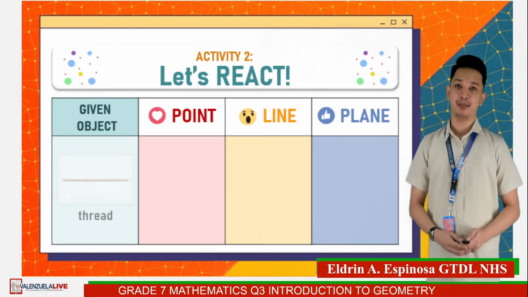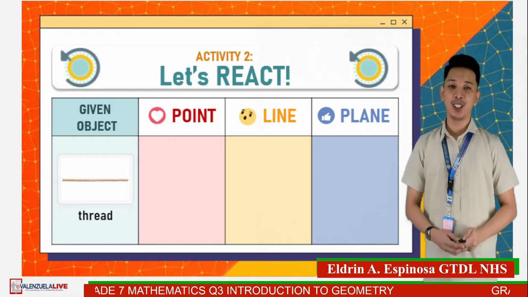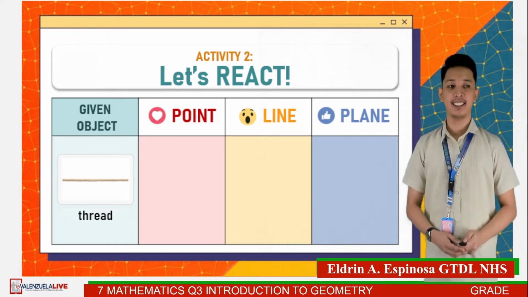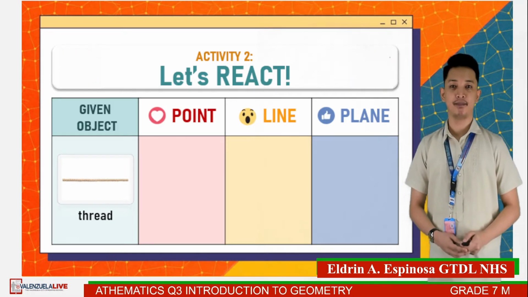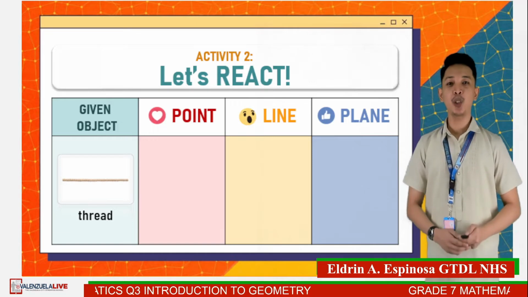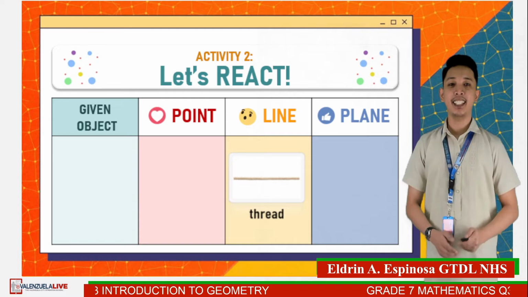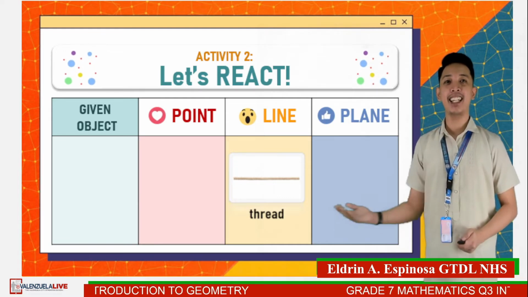Next object, a thread. Let's react. Go! Very good. The correct answer is wow, since a thread represents a line.